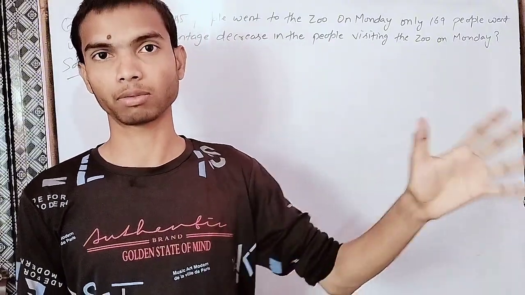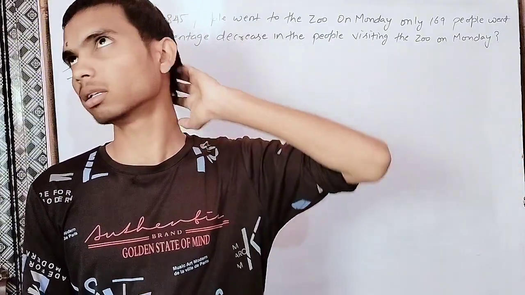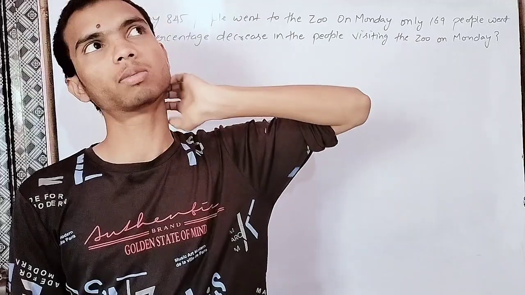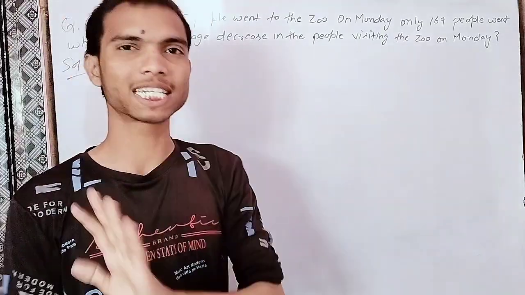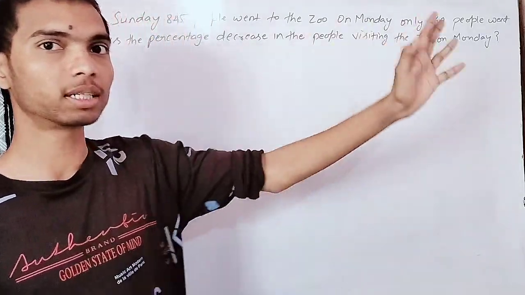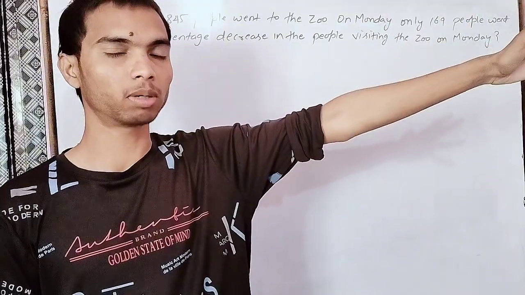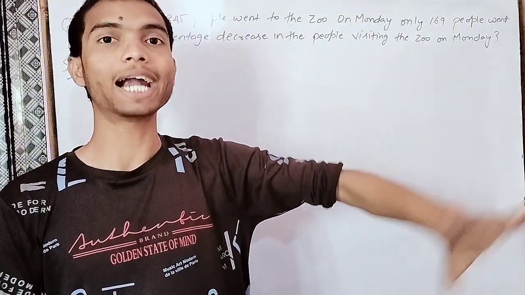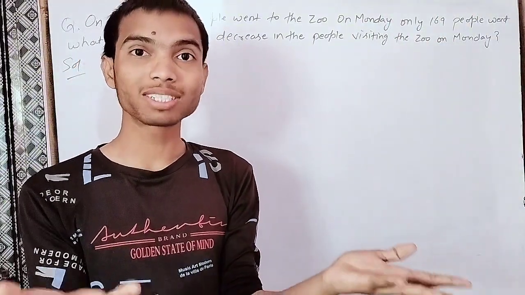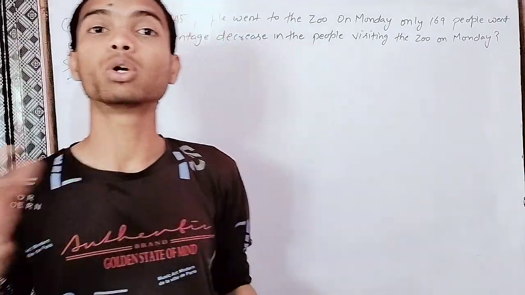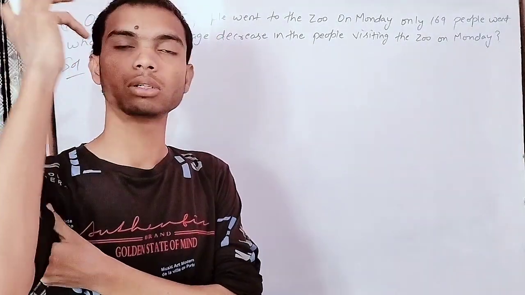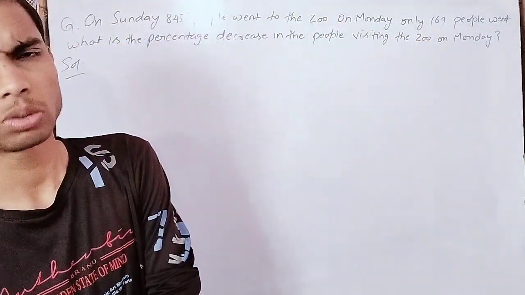But the next day, on Monday, how many people went? 169 from 845 went on Monday. And how many people did not go to visit the zoo on Monday?